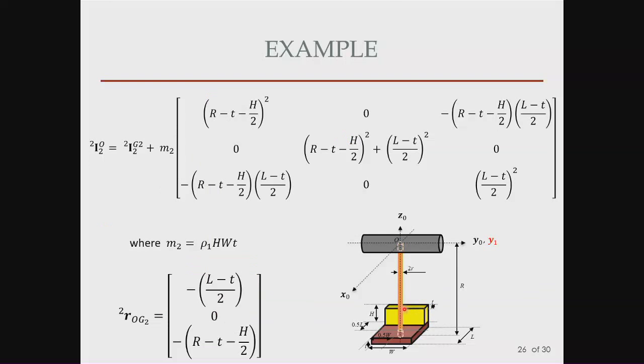And so with these, your distance matrix would look like this. Everything with the delta y would become 0. And so this is your inertia tensor of the backrest about O in frame 2.